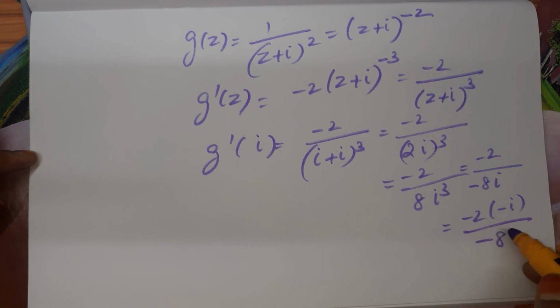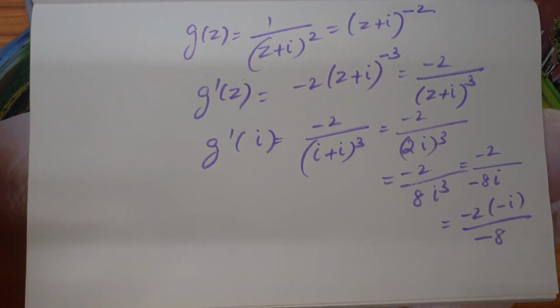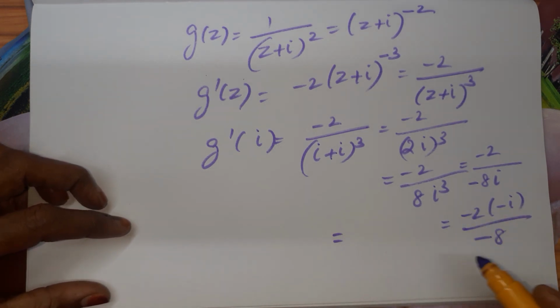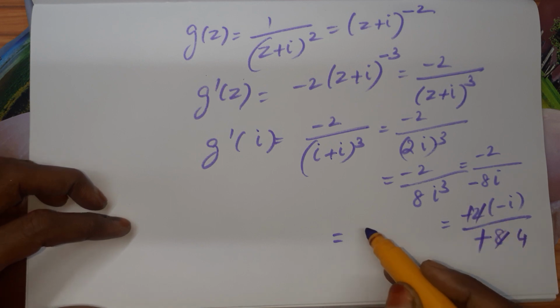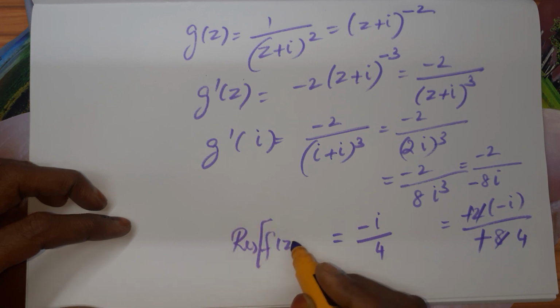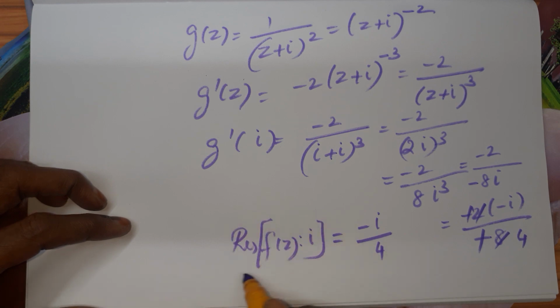The 2 we can cancel, and this minus and this minus cancel. So minus i by 4. This is the residue of f of z at the pole i.